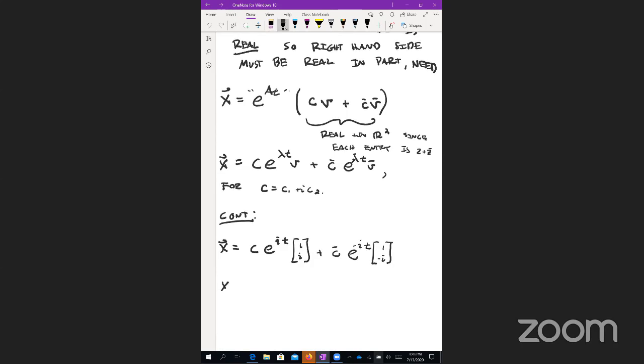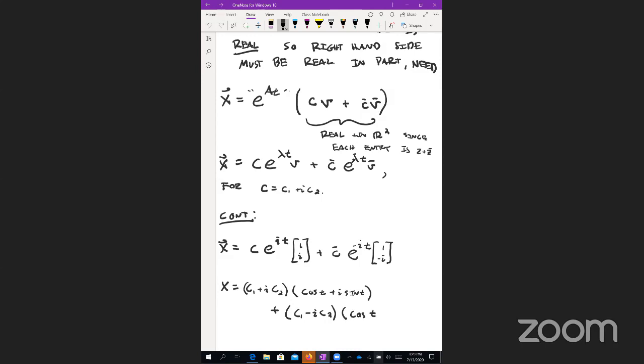So let's write down these solutions. So this is going to be x equals c1 plus I c2 times e to the it, which, if you remember, is cosine t plus I sine t, times 1, I. Plus c1 minus I c2 times cosine t, right?